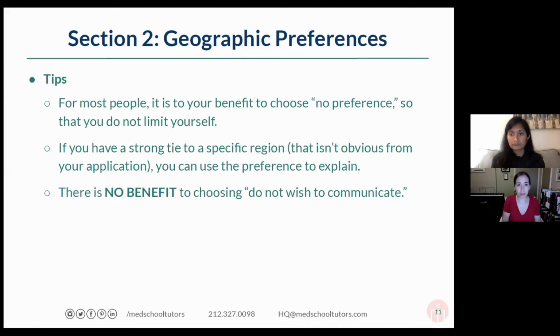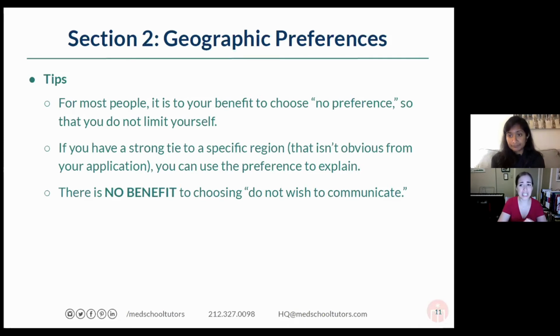It can be a little bit limiting to pick 3 regions if you're going to be applying all over the country. However, if you are truly regionally limited, you have a partner who can't leave a certain area, or you need to be near family, whatever it is, then this could be a great opportunity to signal to the region or regions closest to where you need to be.